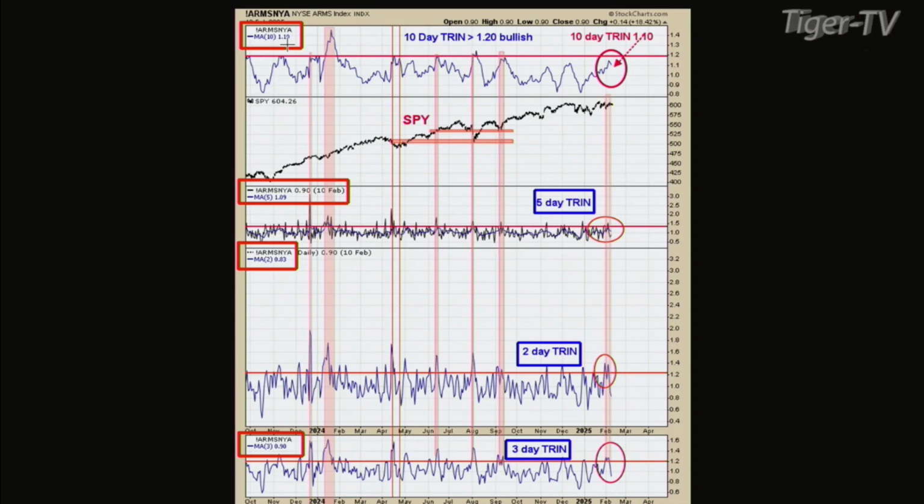Over the last couple of weeks, the 3-day, 2-day, and 5-day trends all got into bullish territory, but the 10-day never did. It got, I think, 1.11 or 1.12, up in that range. Not quite to the 1.2 area, and these numbers are not chiseled in stone. It's usually in those vicinities, but the 10-day trend never did get there.